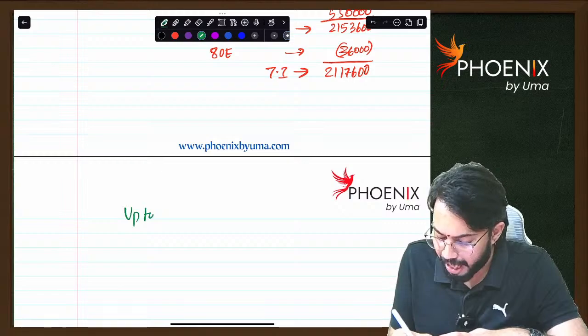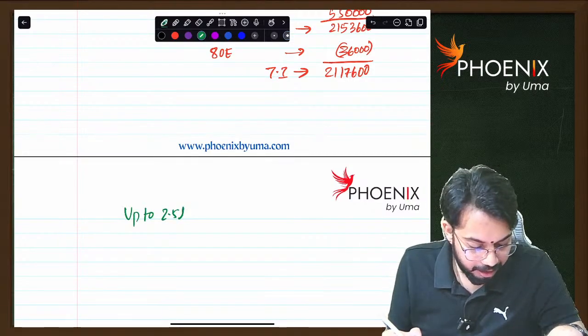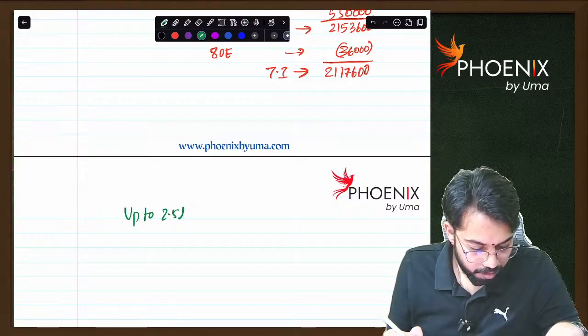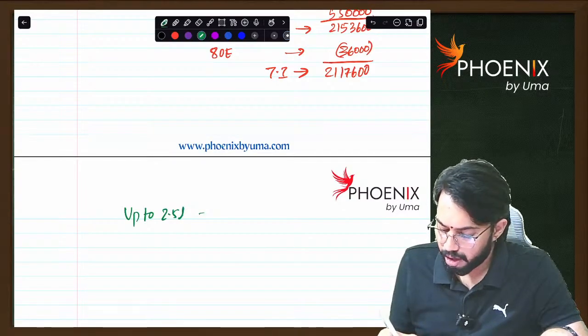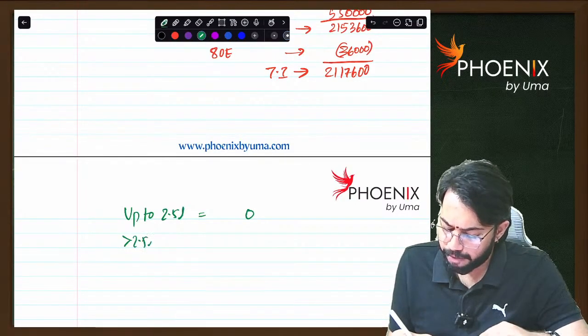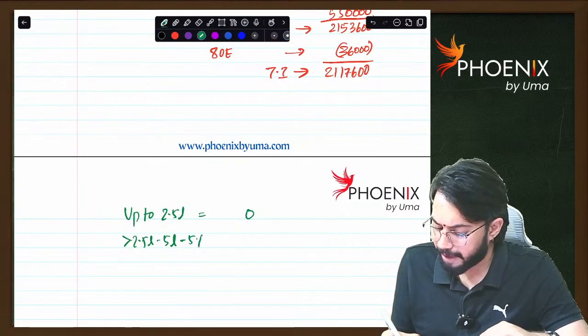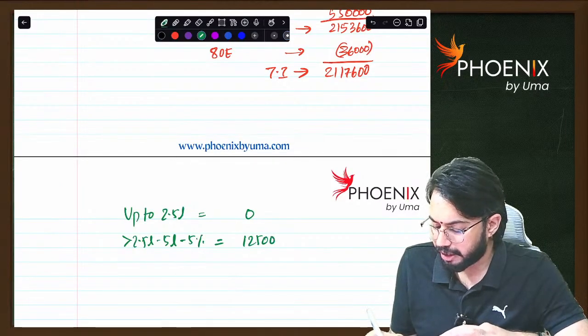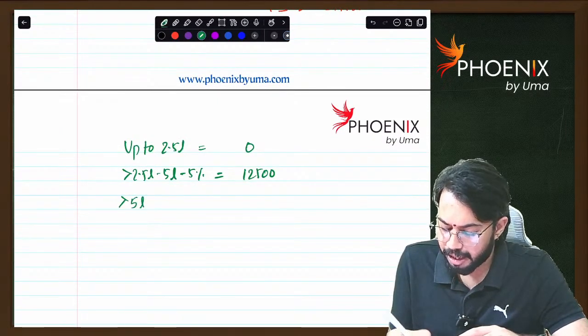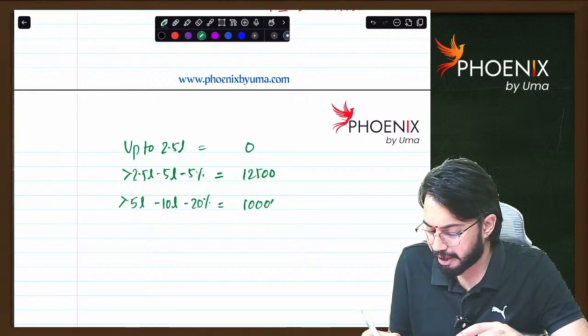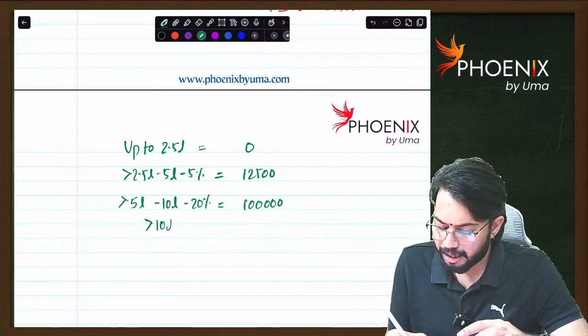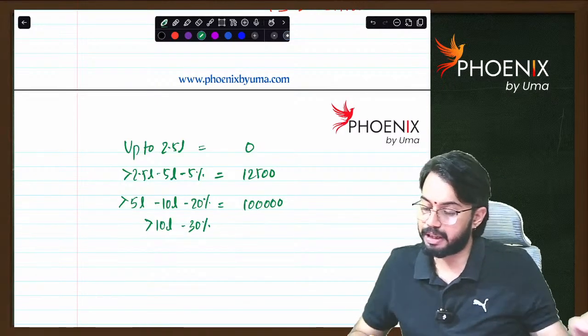So he has opted out of default tax regime. That means he is paying taxes under optional tax rates. Okay. Now, under optional tax rates, what is tax liability? Up to 2.5 lakh, tax amount is nil. Correct? Zero. Greater than 2.5 lakh up to 5 lakh, tax rate is 5%, tax amount is 12,500. Above 5 lakh up to 10 lakh, tax rate is 20%, tax amount is 1 lakh. Above 10 lakh, tax rate applicable is 30%.